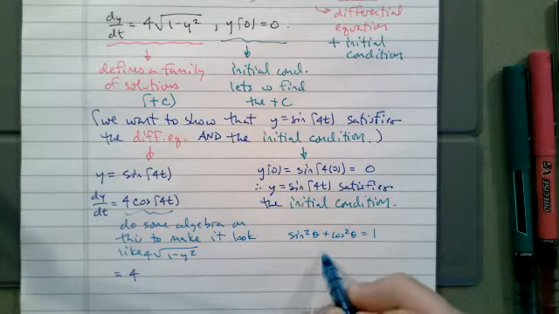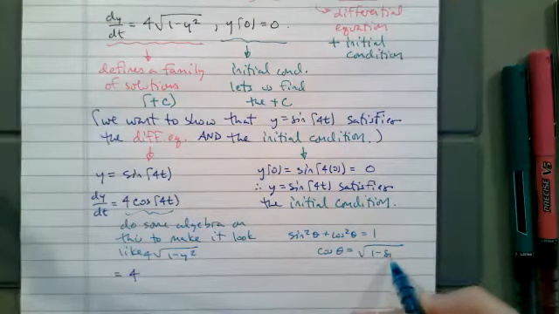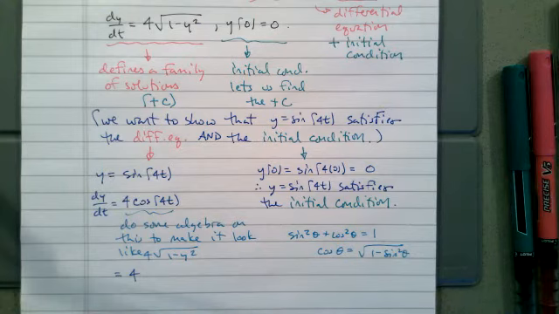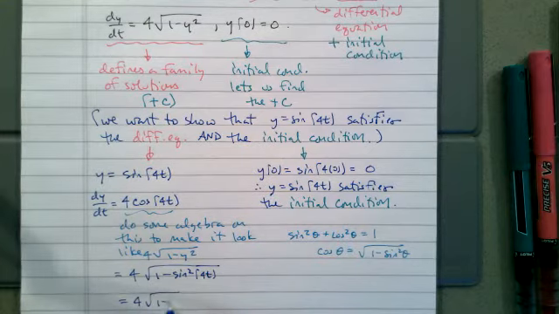So cosine of theta is the square root of 1 minus sine squared theta. I'm going to write this as 4 square roots of 1 minus sine squared of 4t. And sine of 4t is equal to y. So this is equal to 4 square roots of 1 minus y squared.